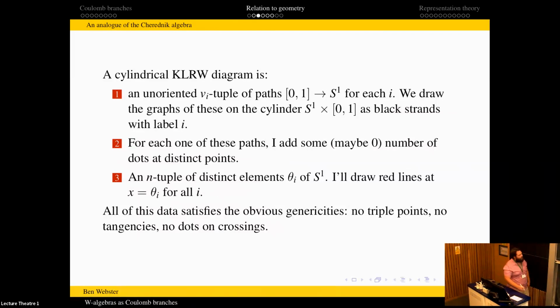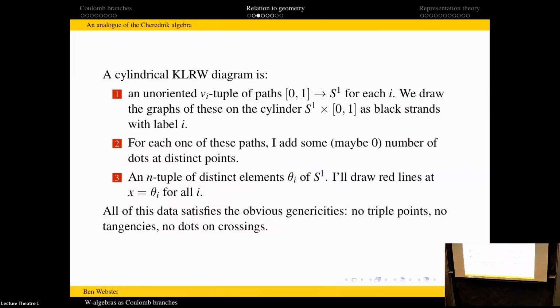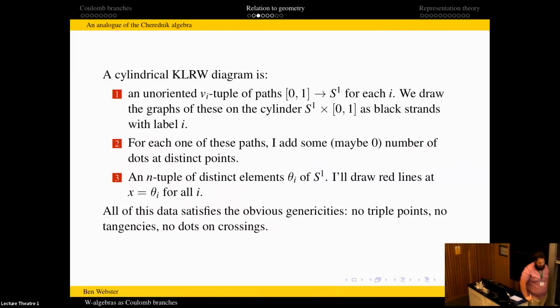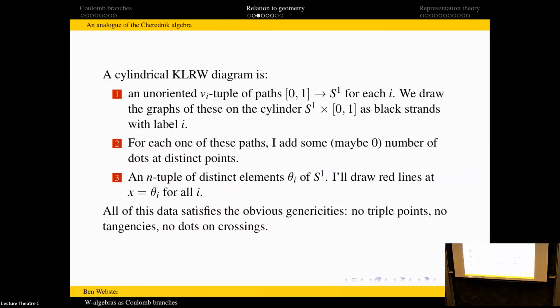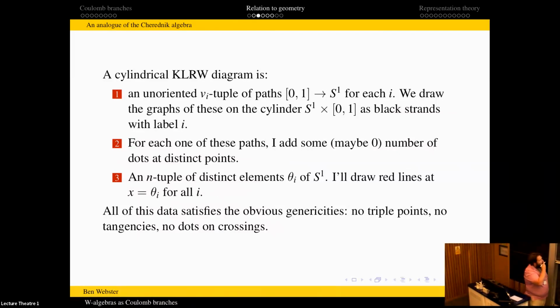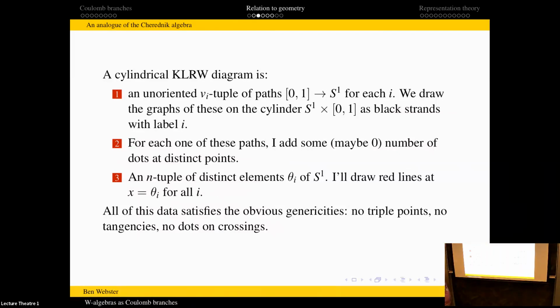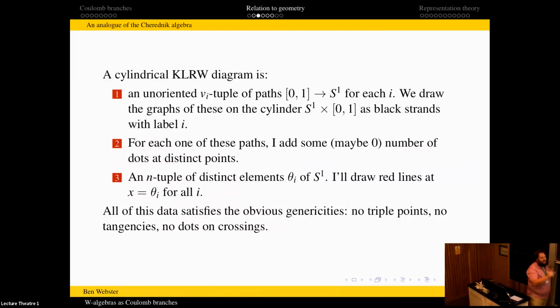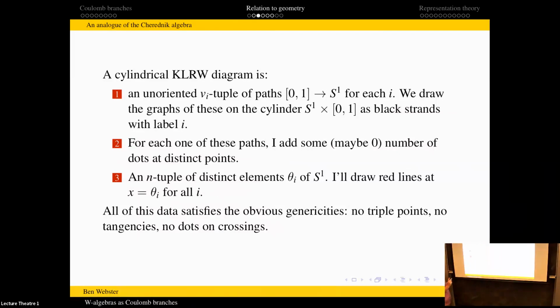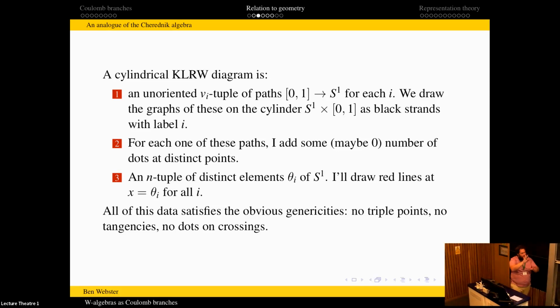So the way I'm going to describe this algebra is in terms of certain kinds of diagrams. So remember I had some V_i's, which were the dimension vector for my quiver. So I take a V_i tuple of paths in the circle for each i. So that's just a map of the interval into the circle. And I'll usually draw these by drawing graphs on the cylinder, sort of layering them on top of each other and putting i's next to them to remember which V_i tuple they came from.